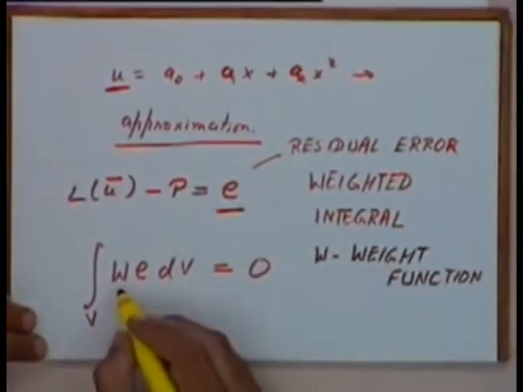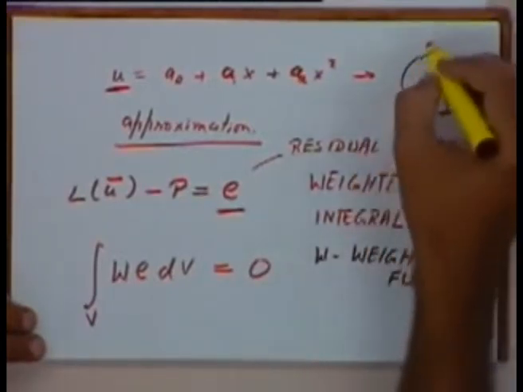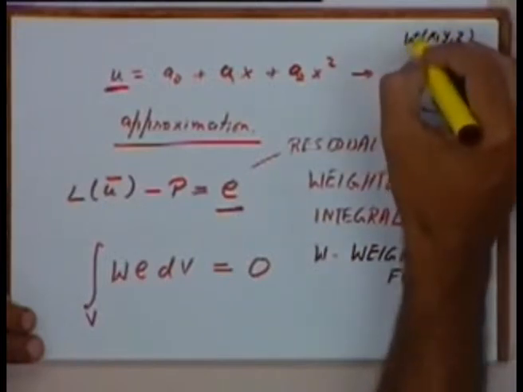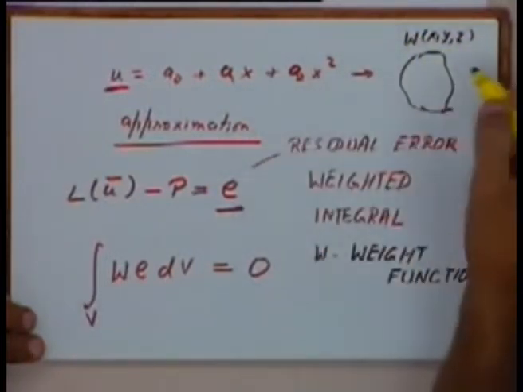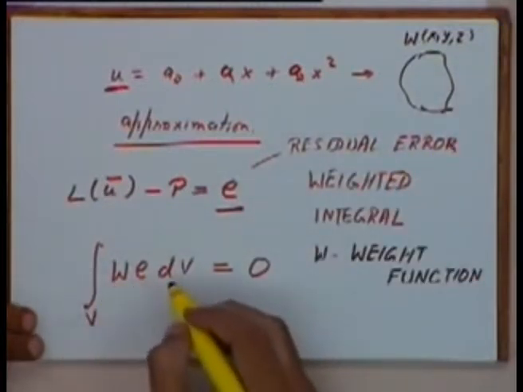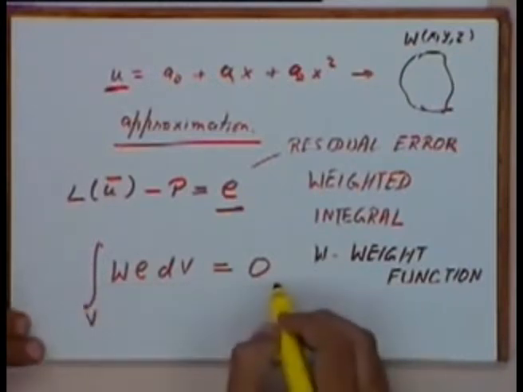This W is also a function of, let us say, x, y, z. It is also a field in the 3 dimensional space. So, we will take the integral of weight times the residual error over the volume, and we will try to make that equal to 0.